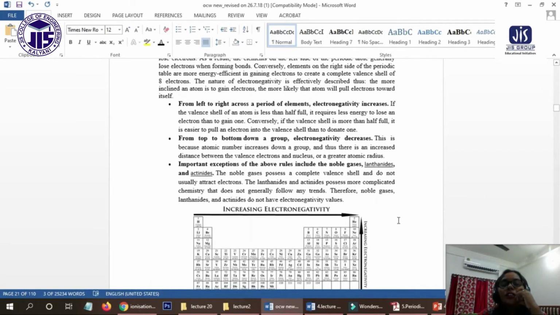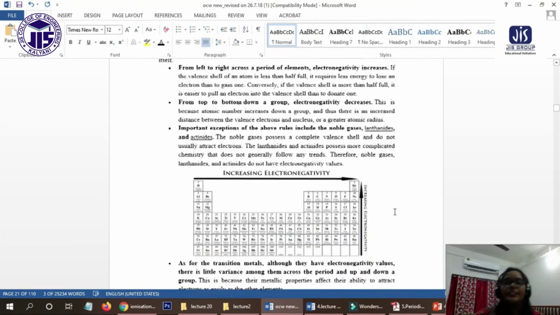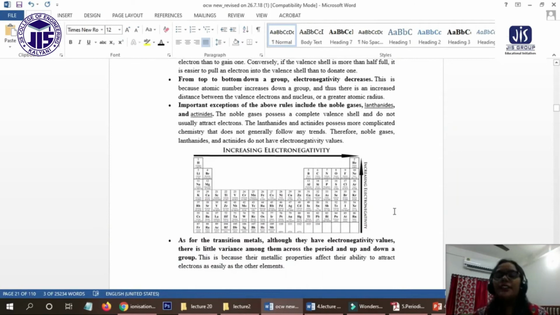Now, electronegativity. What do you mean by electronegativity? Electronegativity means the property, the tendency to attract the bonded electron towards itself. Like if we have a water molecule, we have an oxygen atom and two hydrogen atoms.